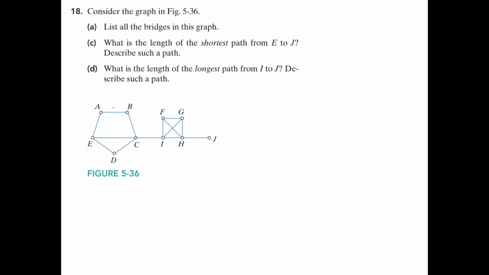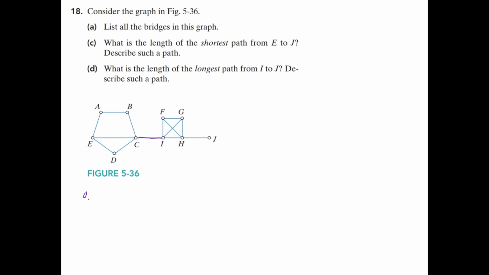If I removed this edge right here, I could still get from any vertex to any other vertex, right? So the graph right now is connected. But if I remove this one, I can still do that. So that's not a bridge. That's not a bridge. Right? You can see that this is a bridge right here.